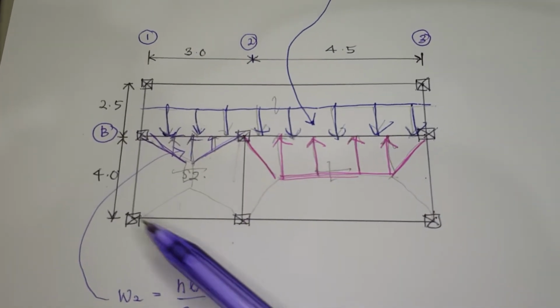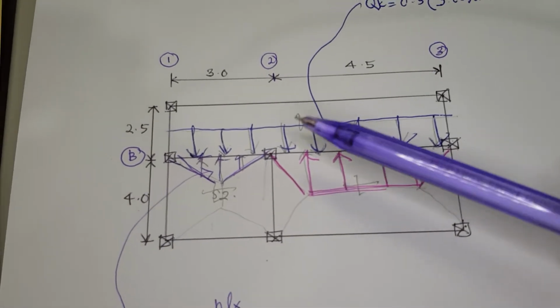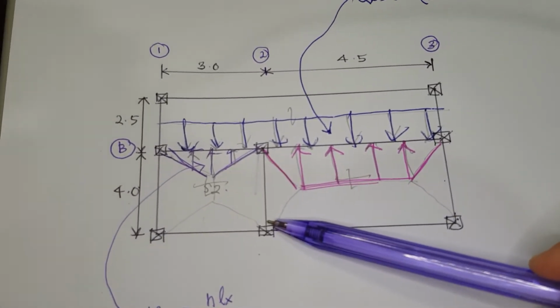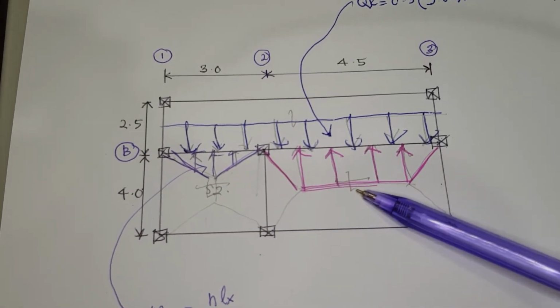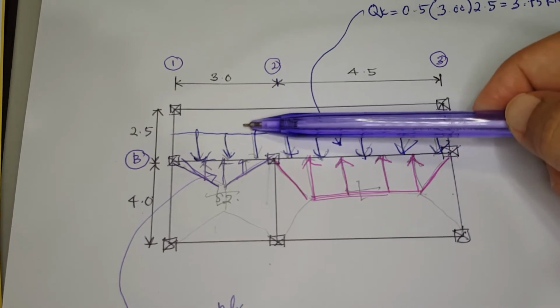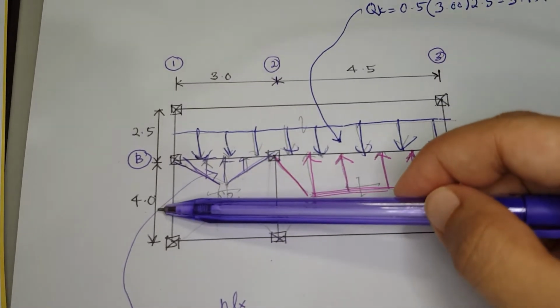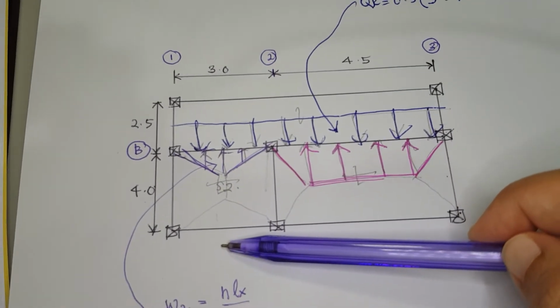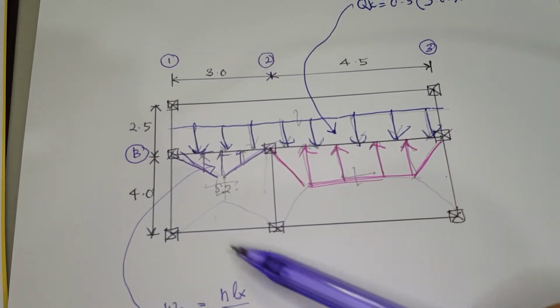Meanwhile, this side and this side is discontinuous. The long edge continuous with this slab, the short edge continuous with this slab. Meanwhile, the long edge and short edge at this side is discontinuous.